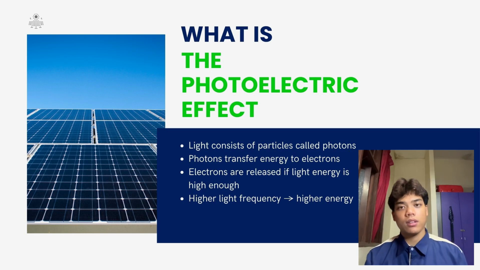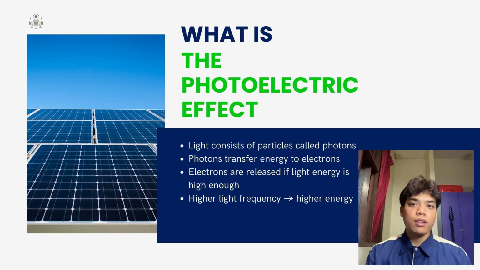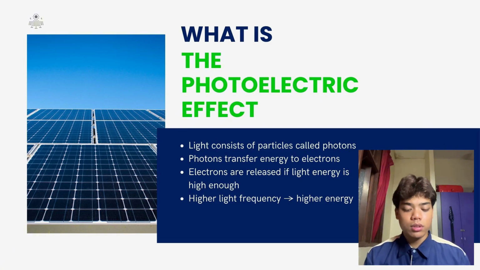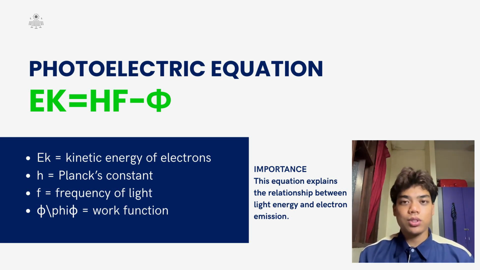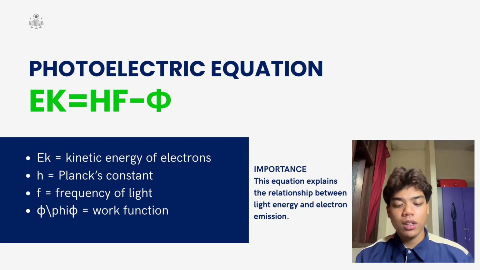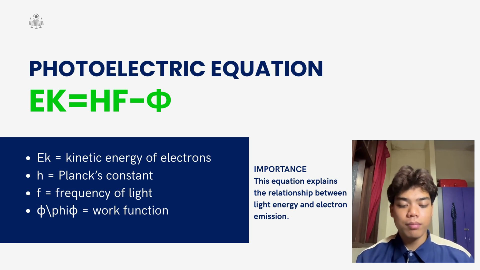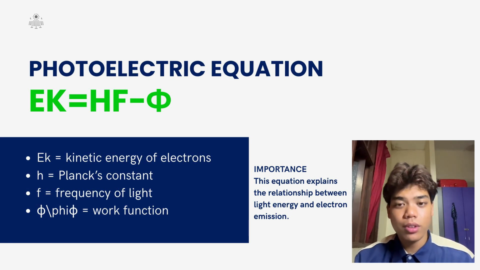So therefore, if it has a higher light frequency, it will produce a higher energy. So here is the photoelectric equation, which is EK equals HF minus the work function. EK is the kinetic energy of the electrons.